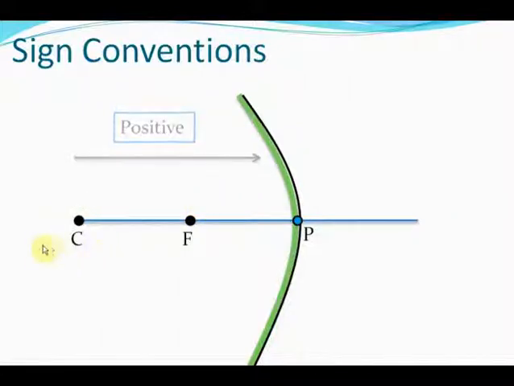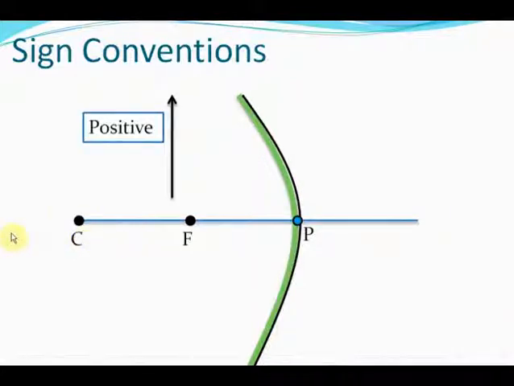Similarly, this direction here will be positive. So if you have to indicate, say, the height of an image or the height of an object, if there's an object here, for example, then the height of the object will be written as plus h.